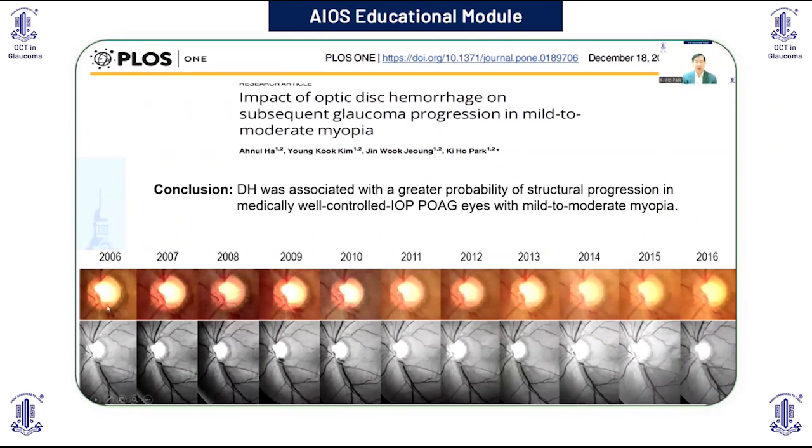So there were 4 recurrent disc hemorrhages, and the RNFL defect increased here, and also its width increased here. So even in myopic eyes, disc hemorrhage is a very useful sign to detect glaucoma and also to detect progression.